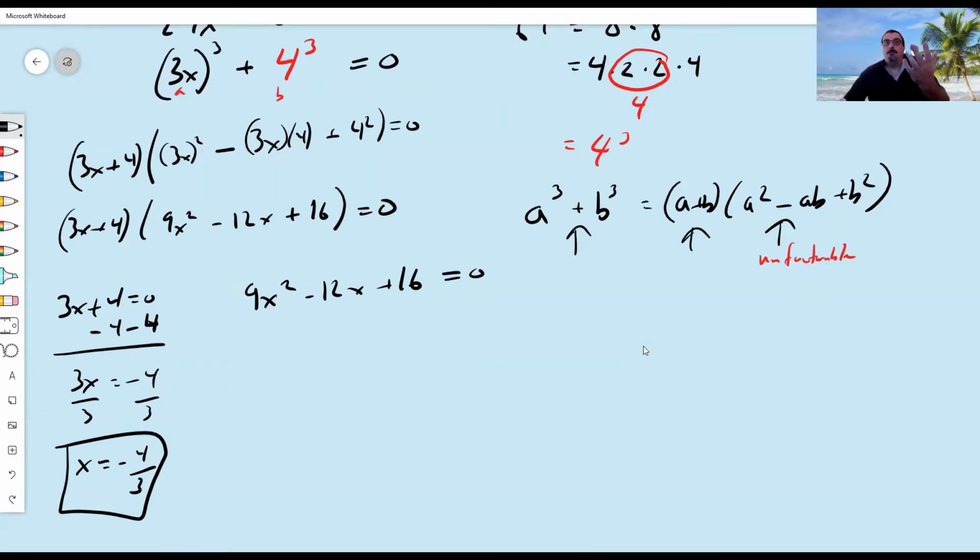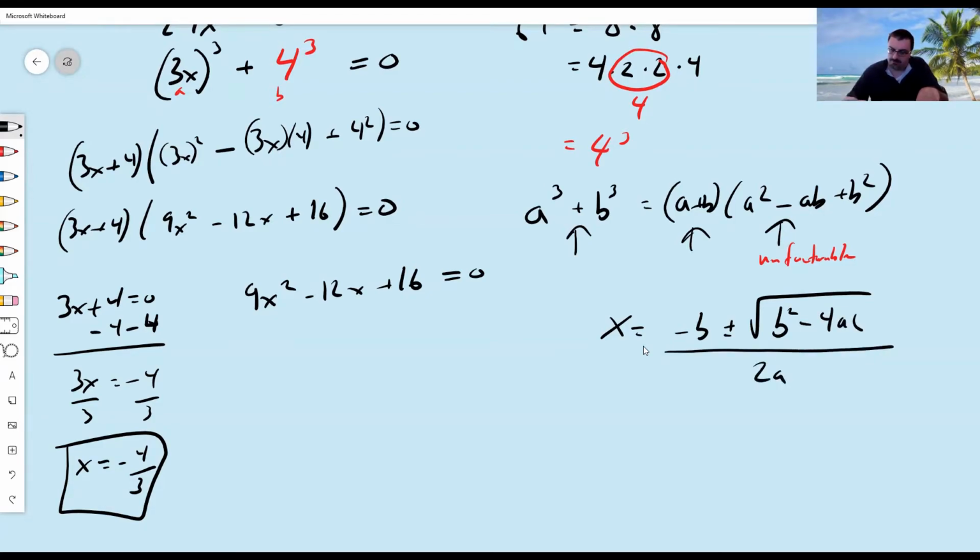Or we could look at the quadratic formula: x equals minus b plus or minus the square root of b squared minus 4ac, all over 2a. So a is 9, b is minus 12, and c is 16.